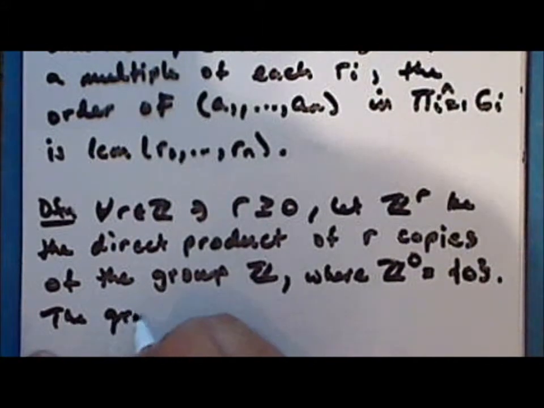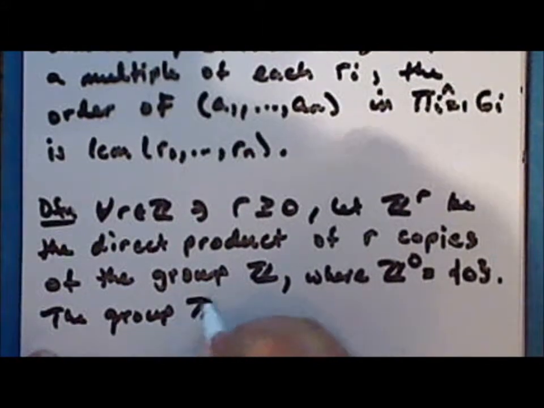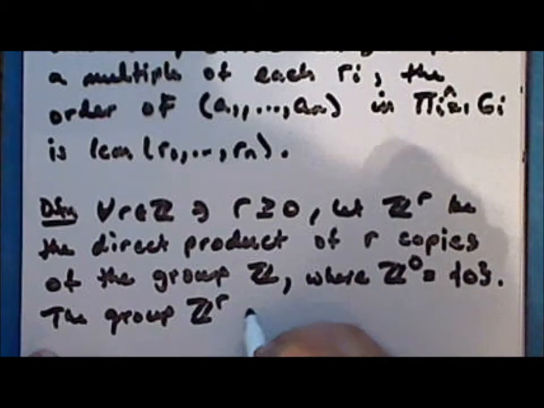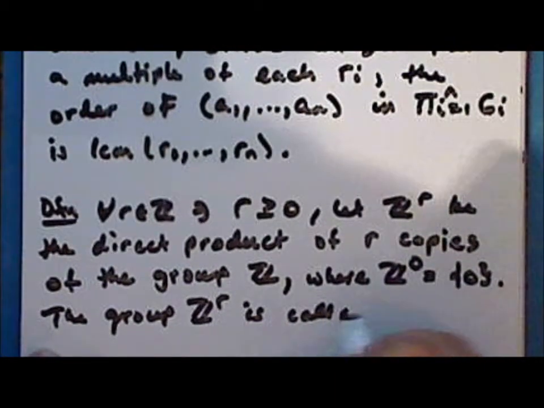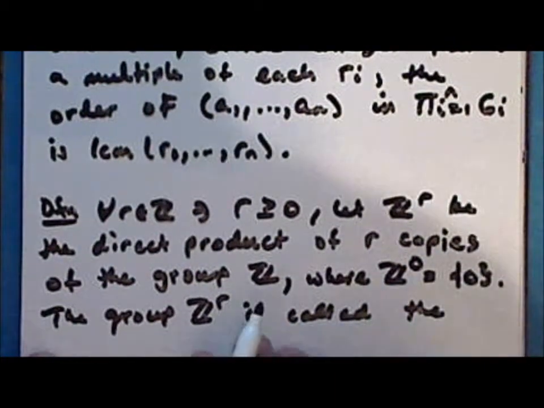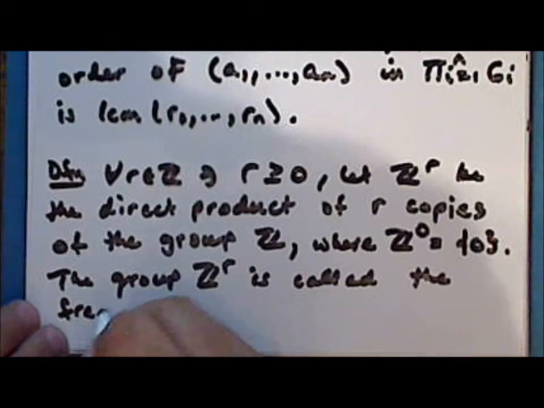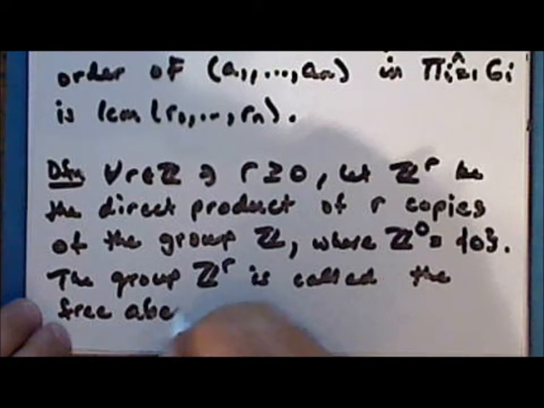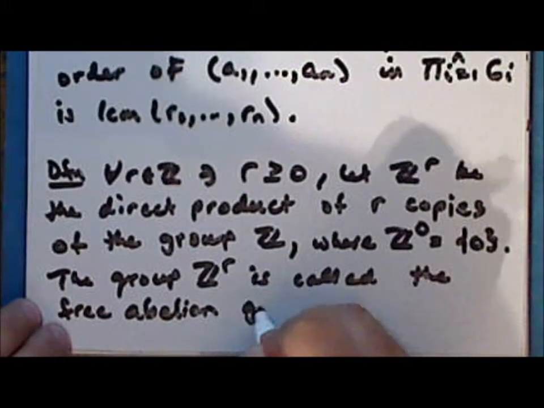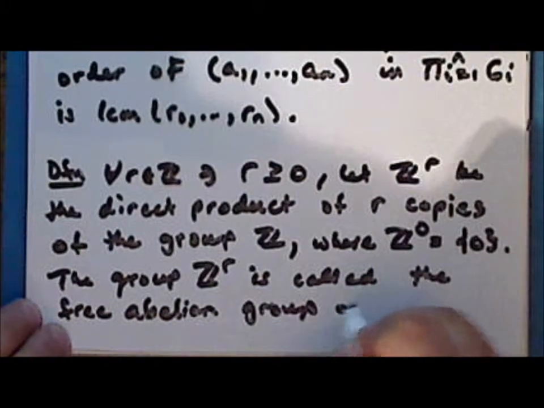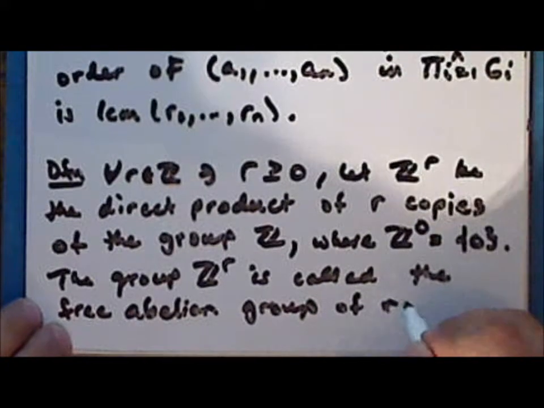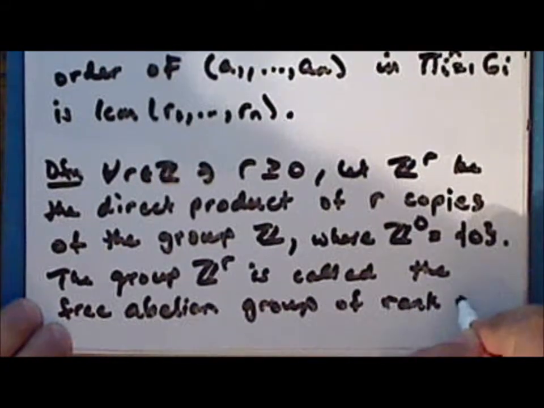The group Z superscript r is called the free abelian group of rank r.